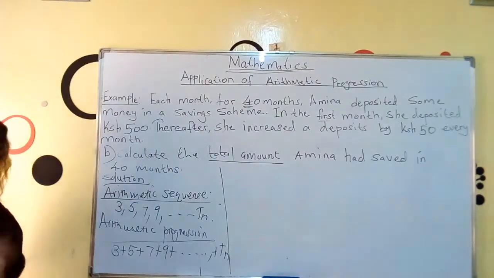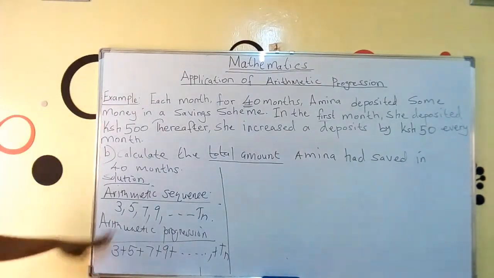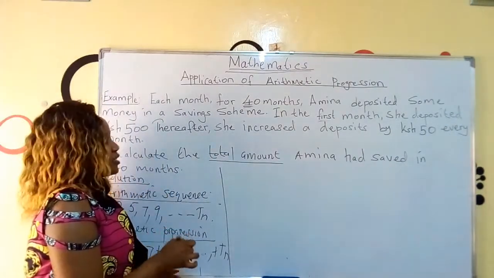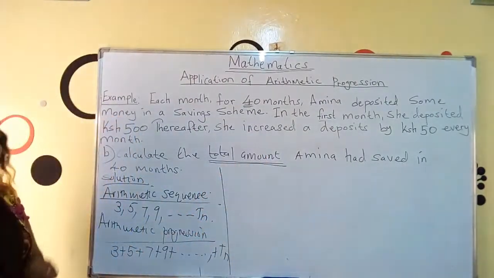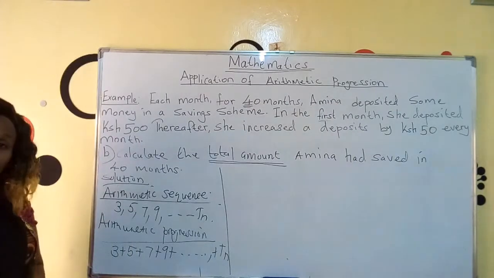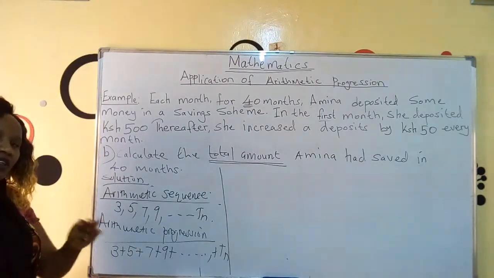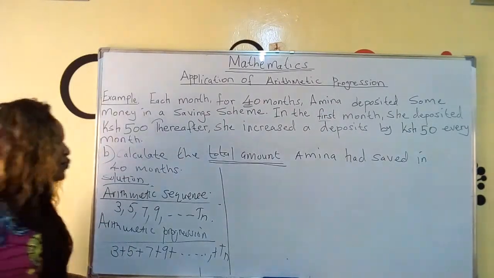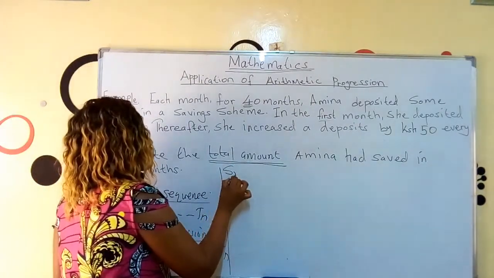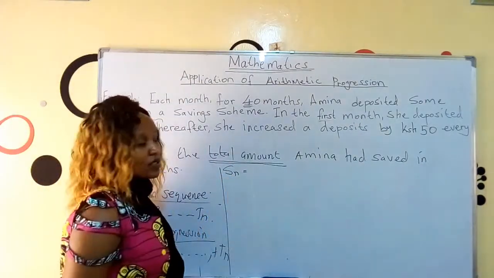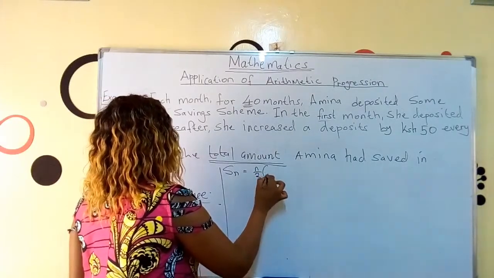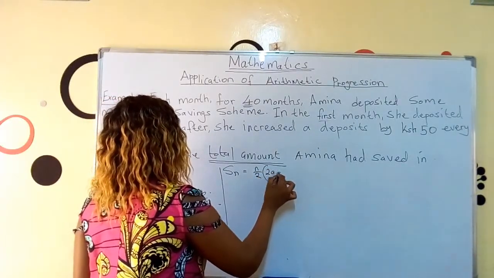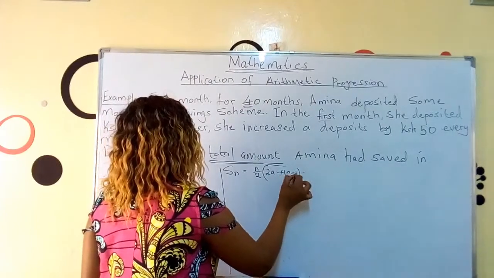Now the question here is to find the total amount Amina had saved in the 40 months. So in short, we are told to find the sum of arithmetic sequence. And we know that the sum of any arithmetic sequence is n over 2 into bracket 2a plus n minus 1 d.